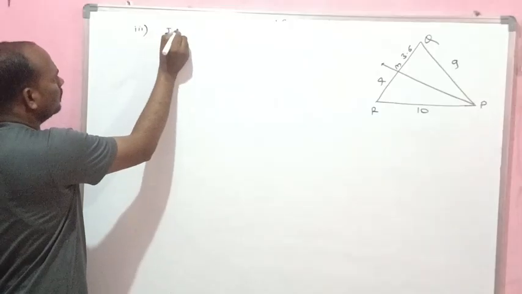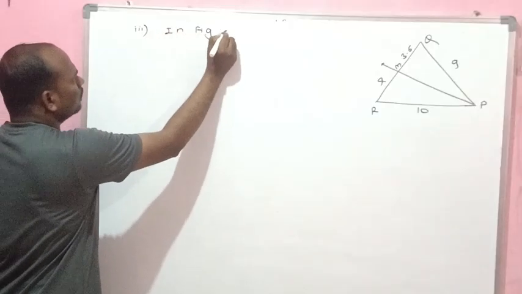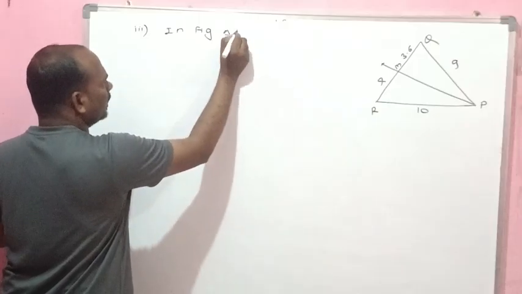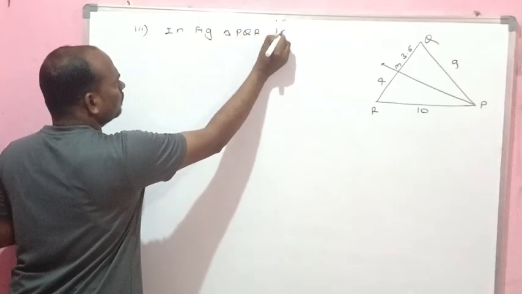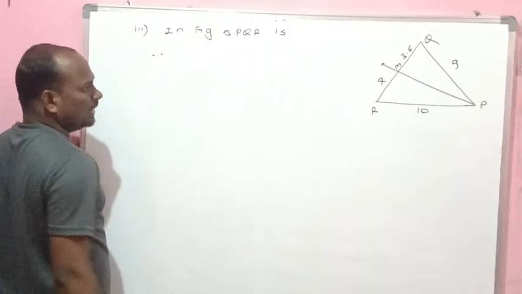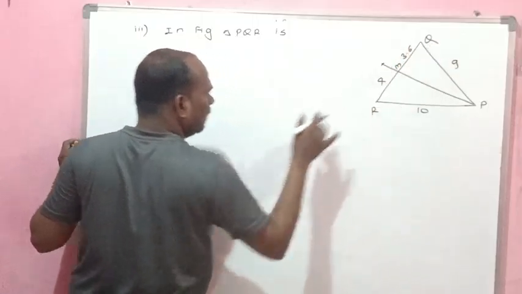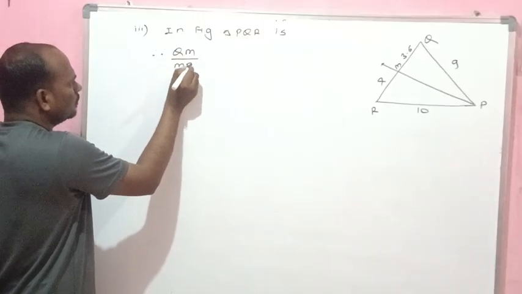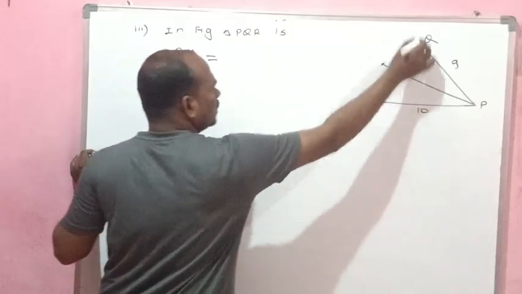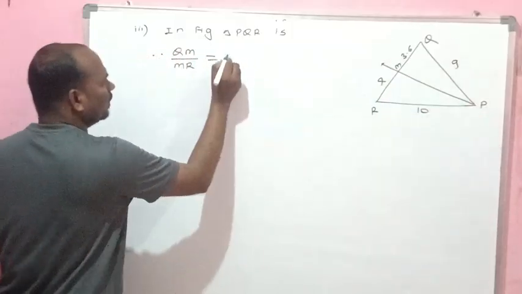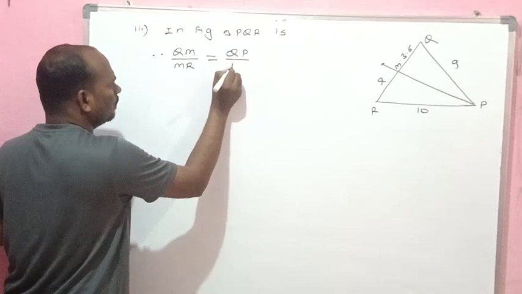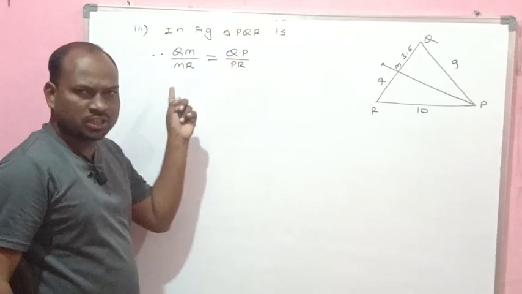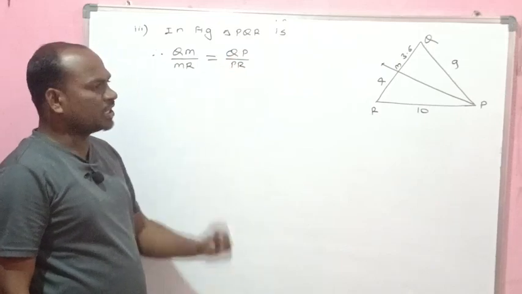Then in figure triangle PQR is, therefore we can take QM divided by MR. Now is equal to another side QP divided by PR. Now this equation is given as the angle bisector property.